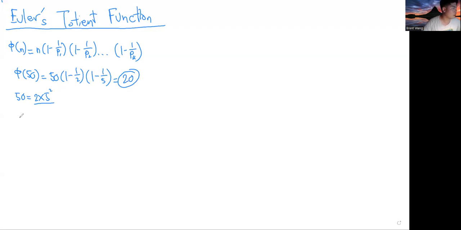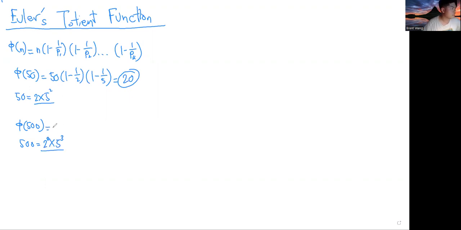Let's change the number for a better example: phi of 500. 500 is equal to 2 squared times 5 cubed.